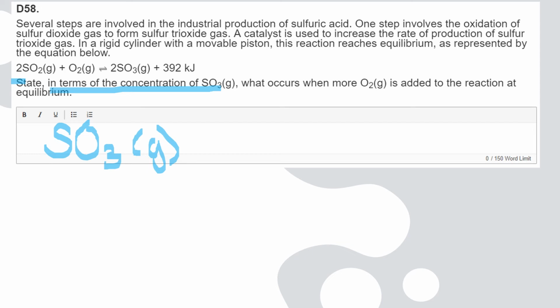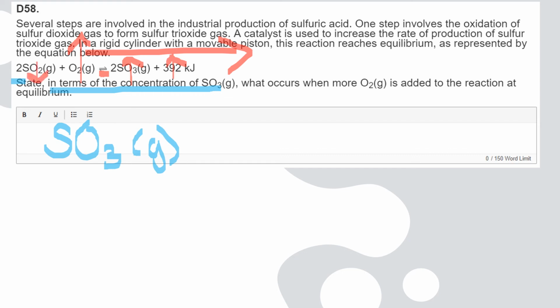So I add O2. Which way does the equilibrium shift? Well, here are my arrows, right? Anytime you increase the concentration of something, it shifts toward the other side. So when I increase O2, what's going to happen? The amount of SO3, the amount of heat or energy, and the things on this side will go down.